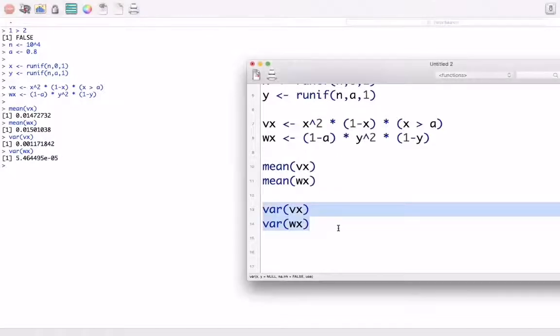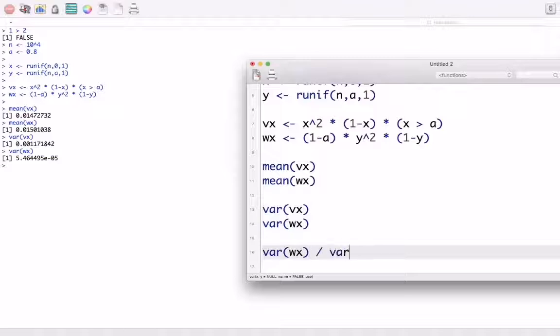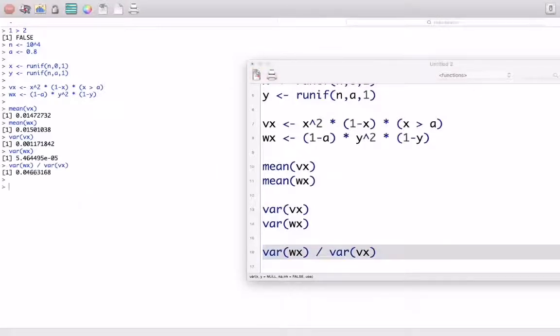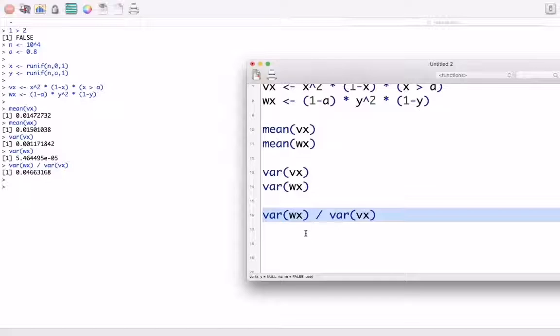So you could actually see the percentage of reduction. You take the variance of Wx relative to if you don't do anything. The ratio is 0.04, about 4.7%. The variance of the estimator derived using importance sampling is only about 4.7% of the variance that you obtain using the direct method.